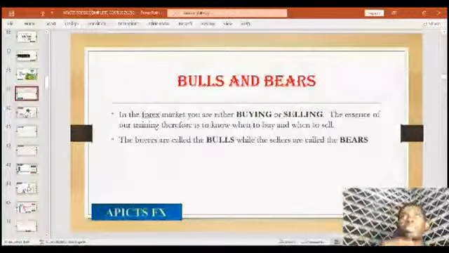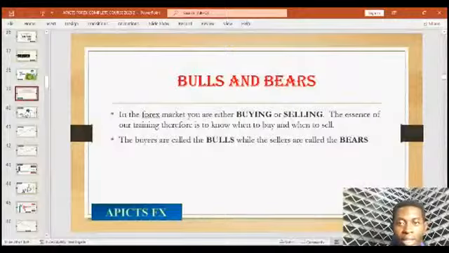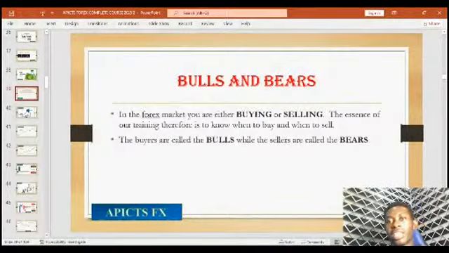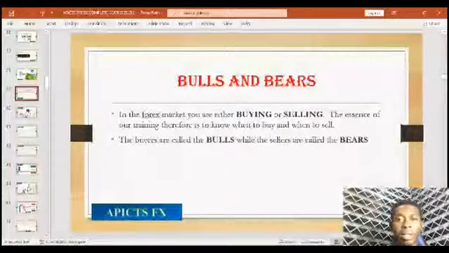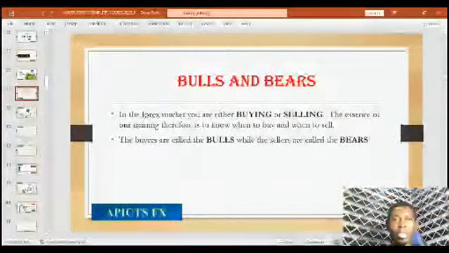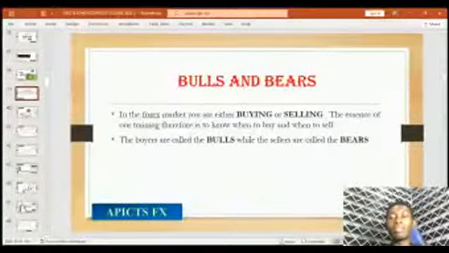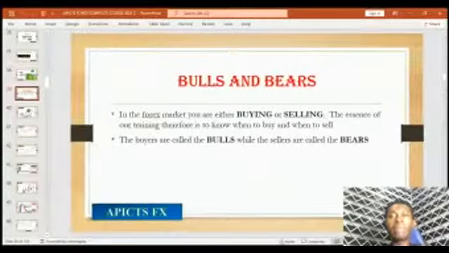So when the market is moving to the upside, we say it is a bullish market. Now, a bear is a terrible wild animal. When it's fighting, it traps the prey to the ground. It pins the prey to the ground to keep control over it so that it can eat or kill the prey.